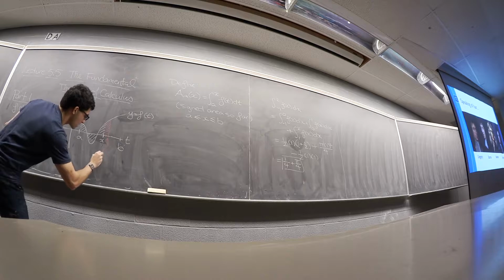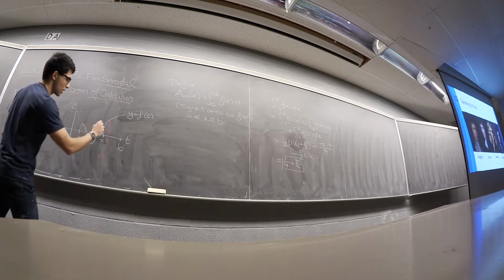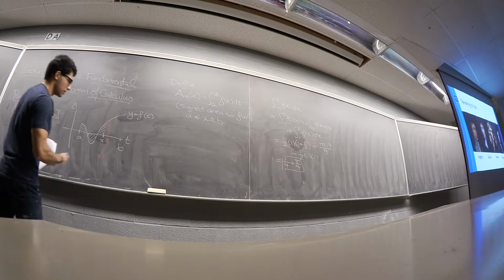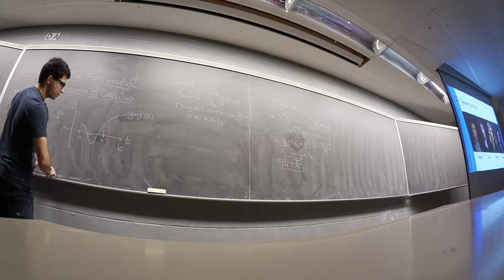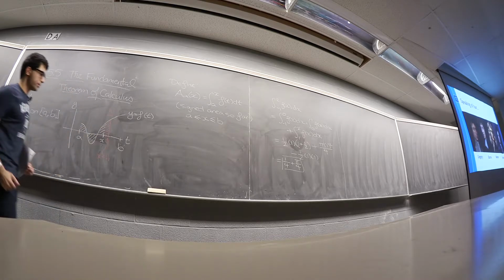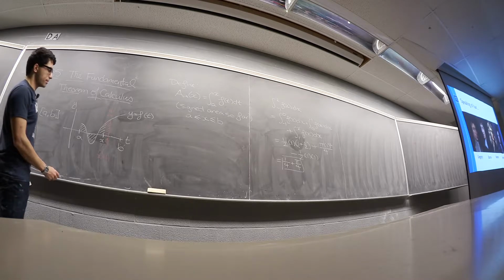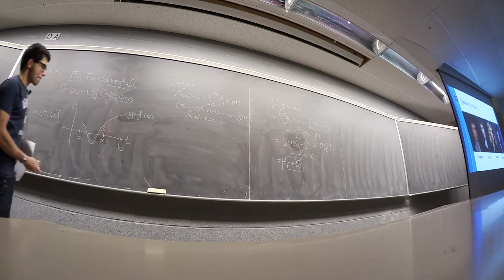Okay, so that's x plus h. Oh boy. Okay, so that amount that we've stepped forward is h. We want to see what happens to the signed area as we take a step forward. A small, small step forward of size h.